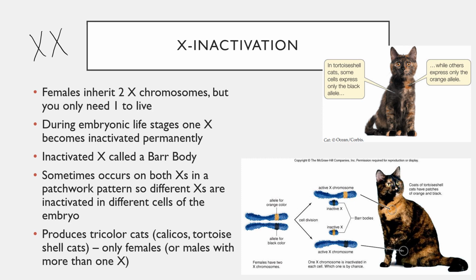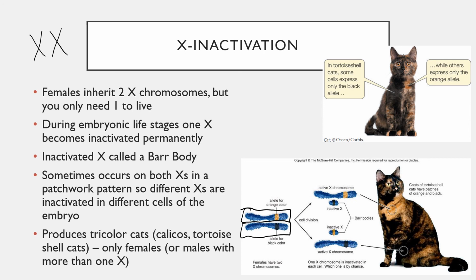So maybe it will deactivate the X that has the allele for orange fur color in one cell, but in the other one, it deactivates the one that corresponds to the black color of the fur. So you end up with an embryo that has a different color fur being expressed in different cells. And when you end up with the organism being born, it shows up as these really cool fur colors in cats called calico and tortoiseshell.